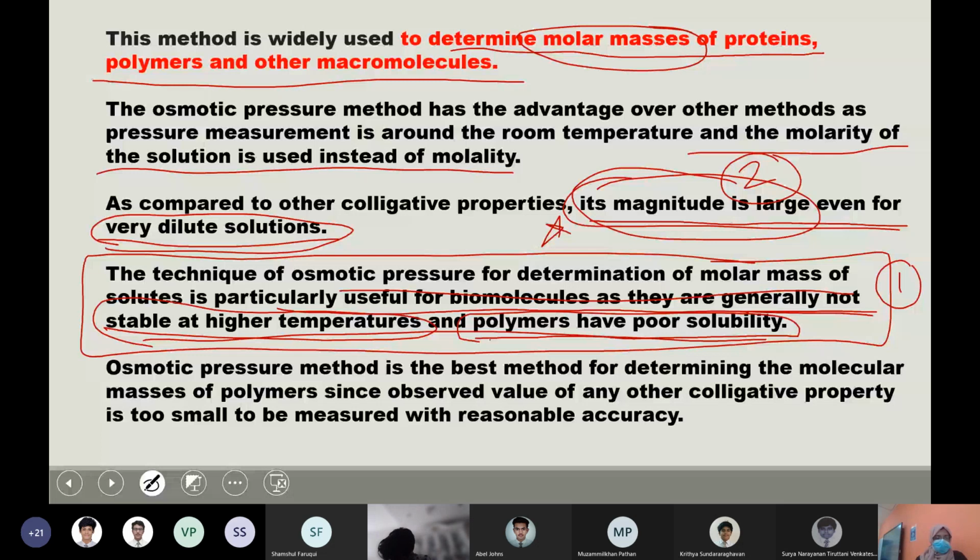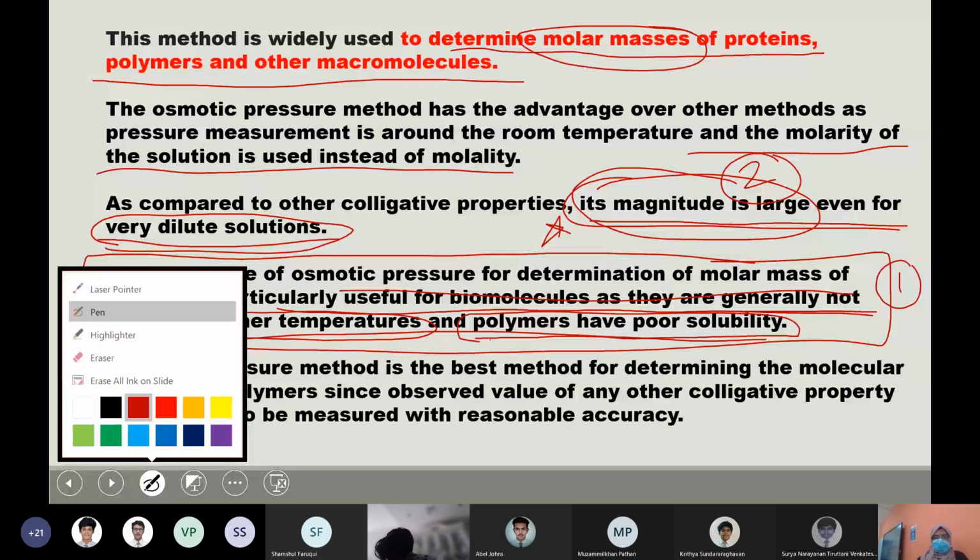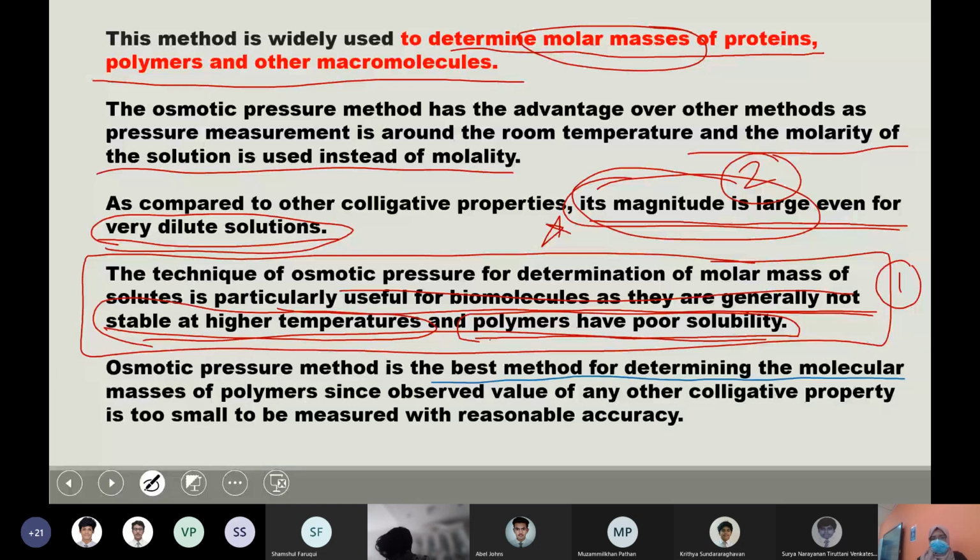So the last point is just a modification of the point we discussed earlier. As you can see, this is the best method for determining molecular masses of polymers, because the observed value of any other colligative property is too small to be measured with reasonable accuracy. So accuracy in the measurement is more because the magnitude is more in osmotic pressure calculation.